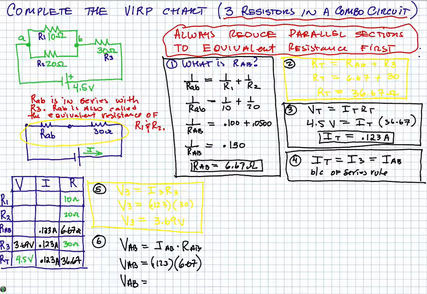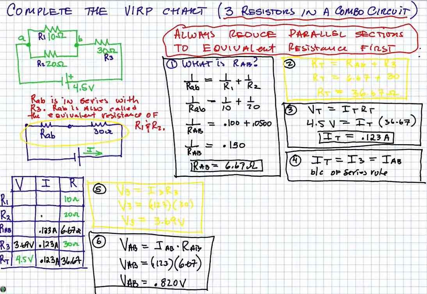Sorry, the calculator's misbehaving. Okay, 0.820 volts. Okay, good. So this is 0.820 volts. Oops, wrong spot. Okay. So 0.820 volts right there. And now what?